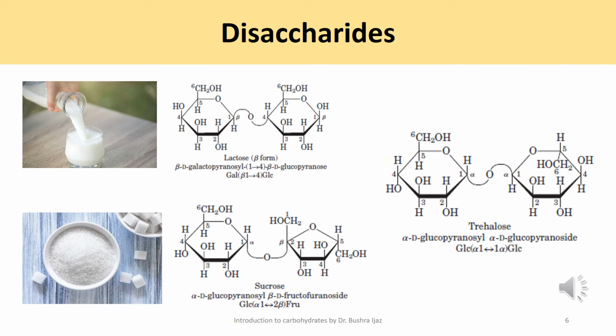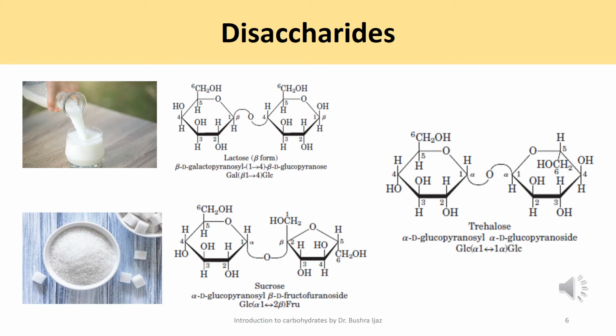In contrast to maltose and lactose, sucrose contains no free anomeric carbon atom. The anomeric carbons of both monosaccharide units are involved in the glycosidic bond, as you can see in this figure. Sucrose is therefore a non-reducing sugar. Non-reducing disaccharides, as I told you, are named as glycosides, and in this case the positions joined are the anomeric carbons.